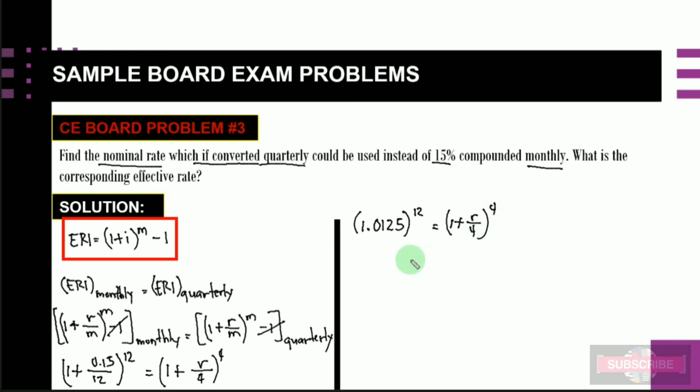So using your calculator, you can directly solve for this R, which is equivalent to 0.15188, or simply we can say that your R is equal to 15.19%.